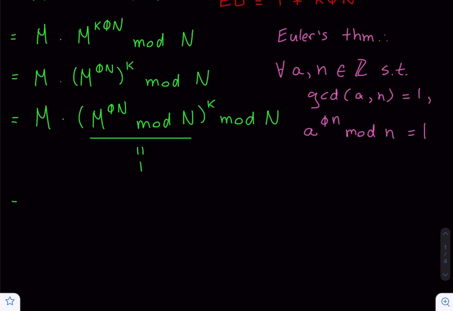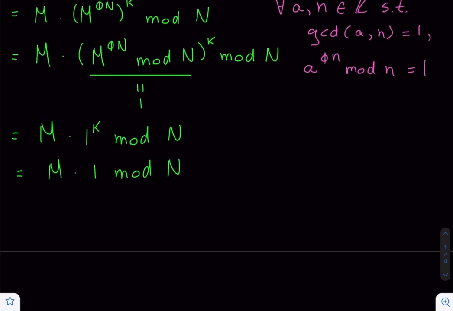We then have that this is equal to m times 1 to the k mod n, which is of course equal to m times 1 mod n. And 1 mod n is of course equal to 1, so we have m times 1, which is of course equal to m.